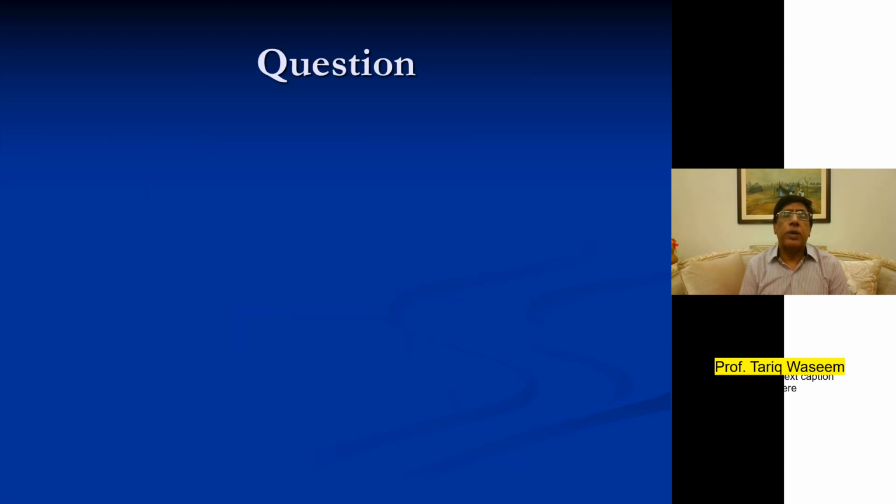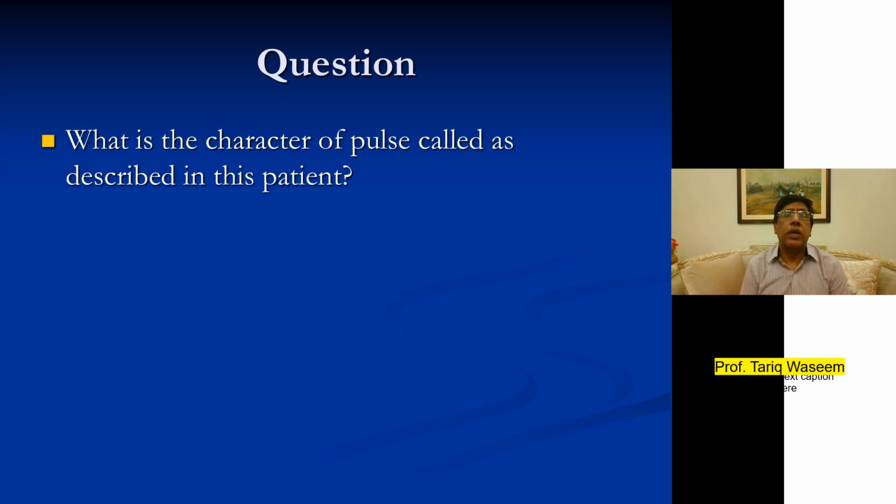Now we can question over here, one, what is the pulse described in this patient called? There is a specific name given to this pulse, the pulse which has a decrease in volume during inspiration and an increase in volume during expiration, with a drop in systolic blood pressure of more than 10 to 15 millimeters of mercury recorded between inspiration and expiration.